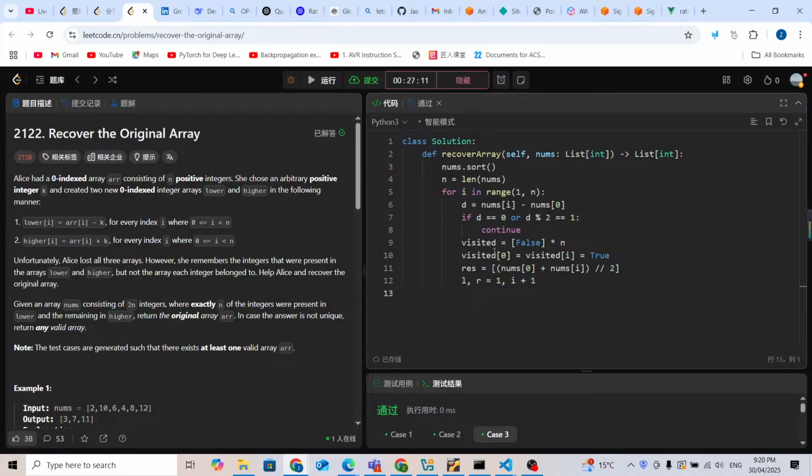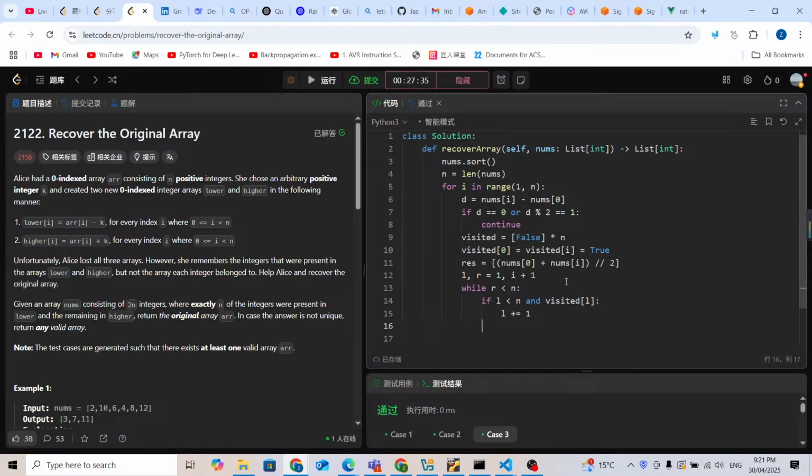Because 0 is chosen, we choose the next number, starting from index 1. And here we control the high pointer while r is less than n, and we check if l is less than n and weighted l, this is a weighted set, so l plus equal to 1.